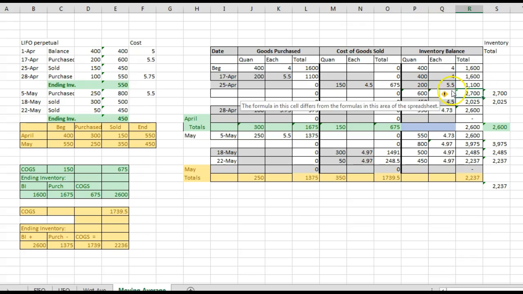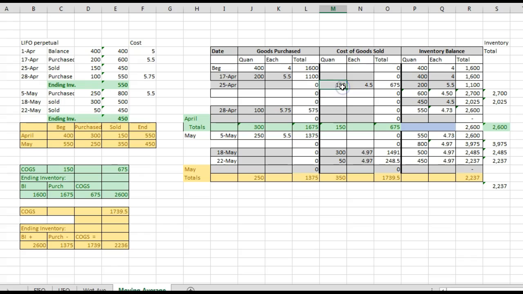You divide the 2,700 by the 600, get an average, a weighted average of how much those parts cost. So now we have 600 parts at $450, and they're worth $2,700.